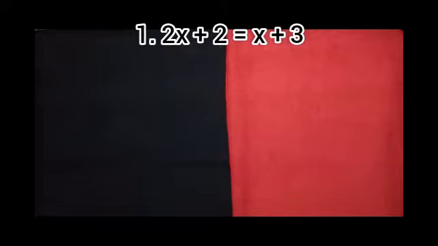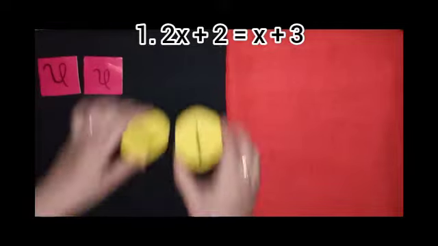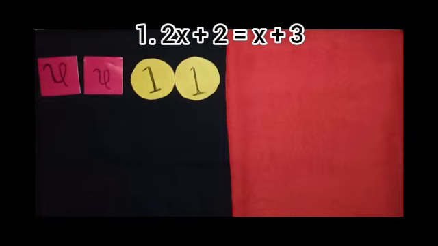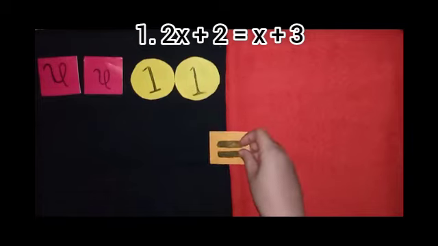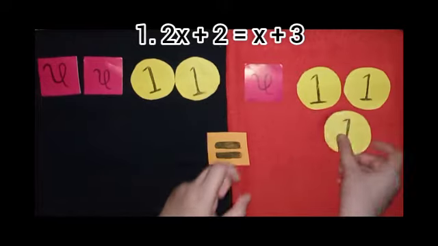Place 2x pink squares and 2 yellow circle 1s on the blackboard and connect it by an equal sign placed in the middle between the black and the red board. Then place 1x pink box and 3 yellow circle 1s on the red board.